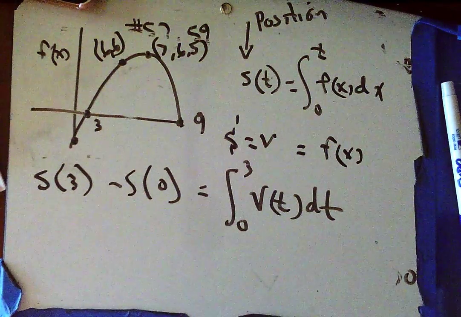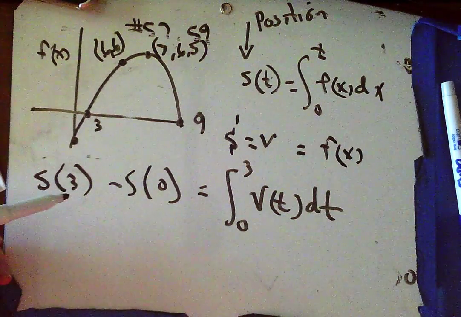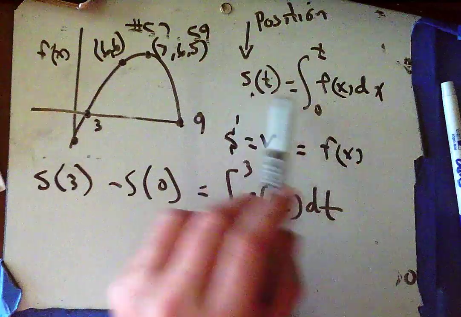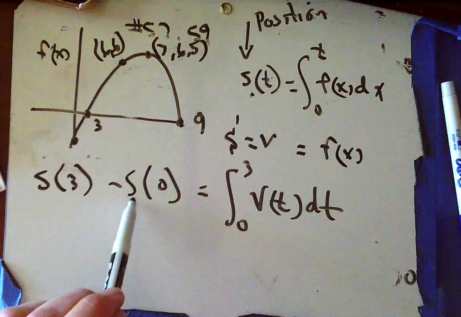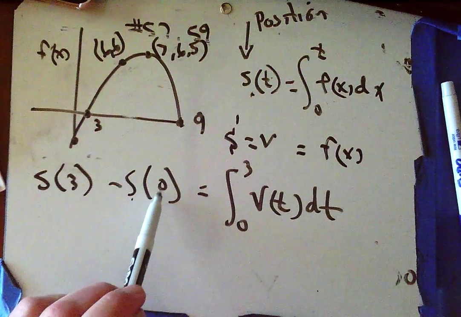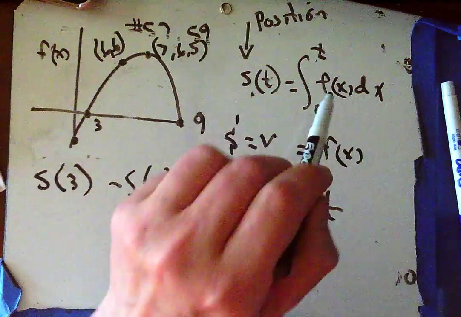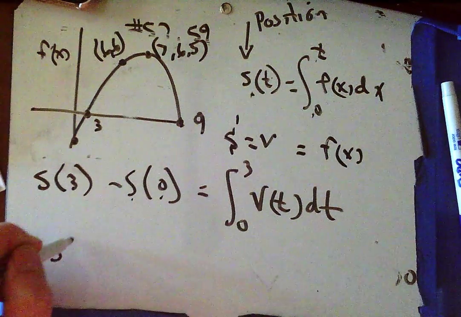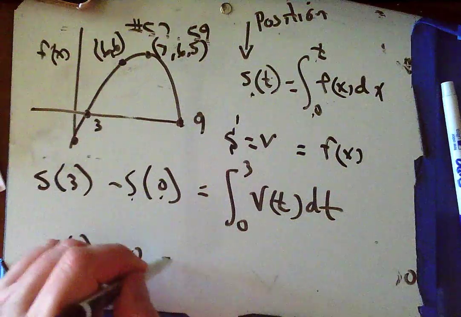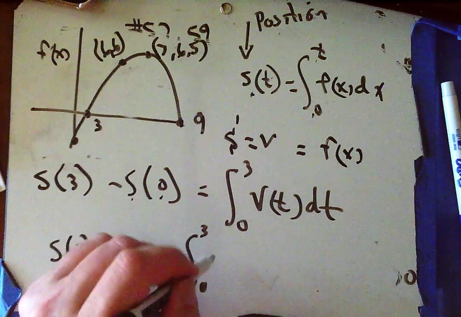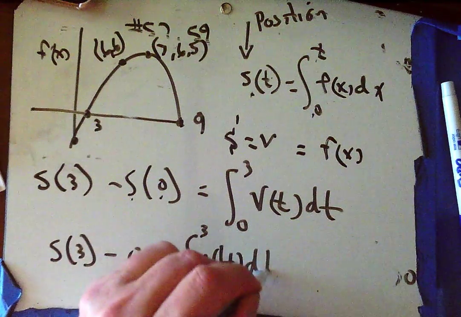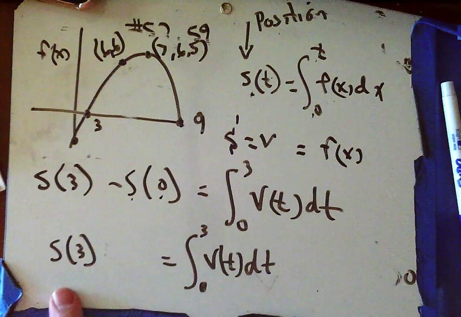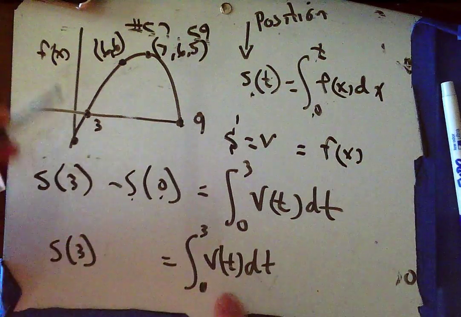And so, what can we do here? Well, our position function is this integral. If I want to know position at 0, I'm plugging a 0 in for time. The integral from 0 to 0, it's a big old 0. So S of 3 minus 0 equals the integral from 0 to 3 of v of t dt. Okay, so that means S of 3 is integrating this graph.